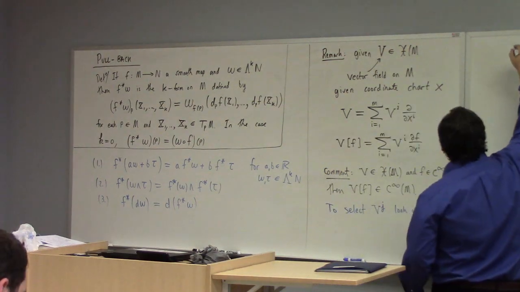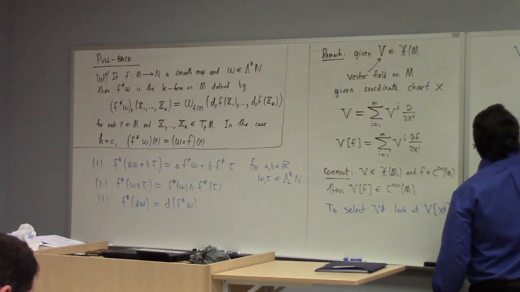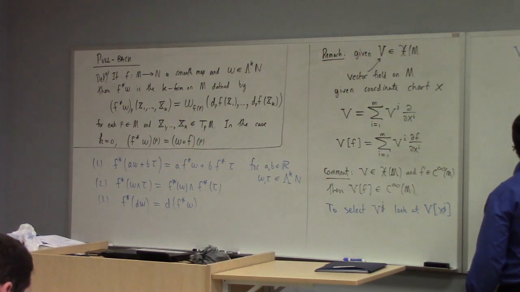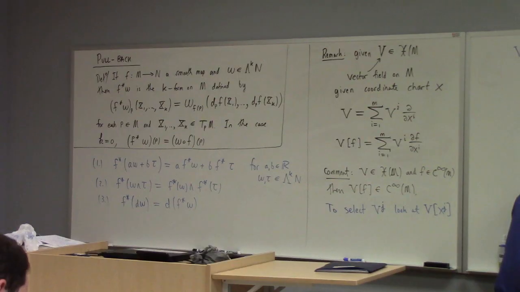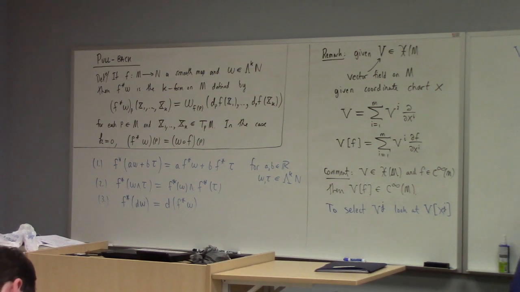Because then if I have V of X upper j, I'm talking about the sum, i equals 1 to m, of V upper i partial xi of X upper j. That is the Kronecker delta ij, the natural enemy of the finite sum, and it just leaves us with V upper j, which is the free index here. So if you want to calculate the components of a vector field, act on the coordinate chart that's at play.